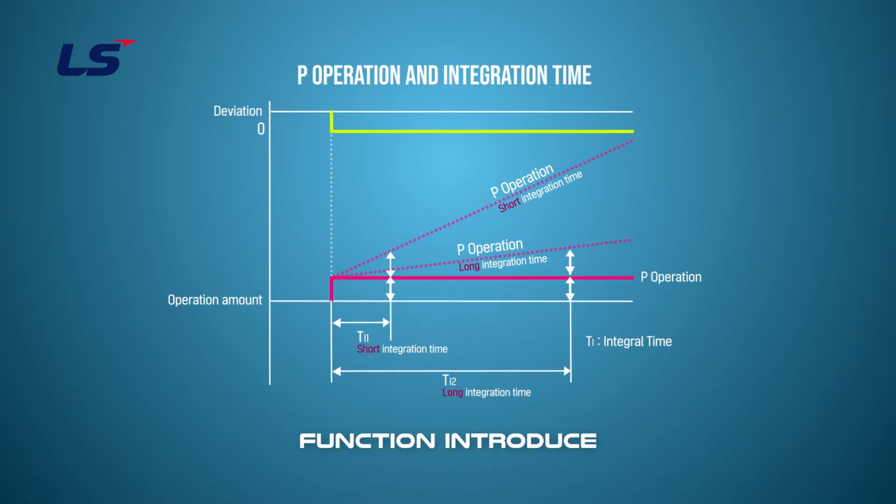In the inverter, when the accumulated error is 100%, you can set the time until 100% is the output. For example, if the integral time is set to 1 second, when the error is 100%, 100% is the output after 1 second. If the integral time is too short, overshoot or vibration will occur.